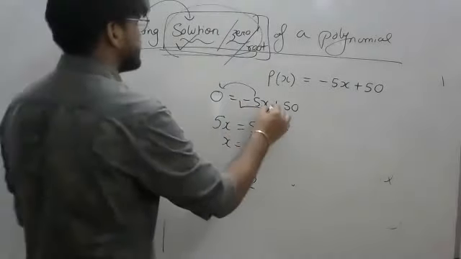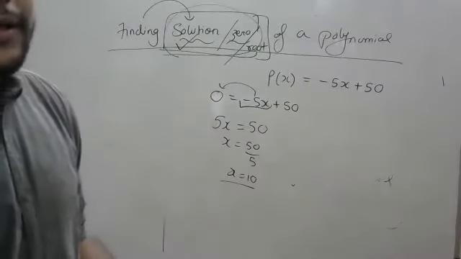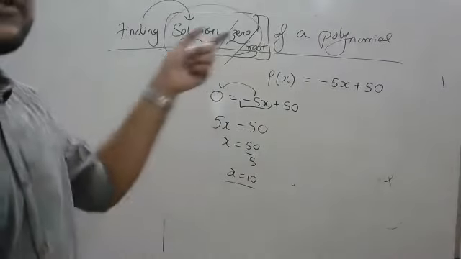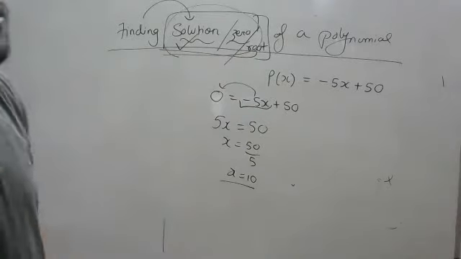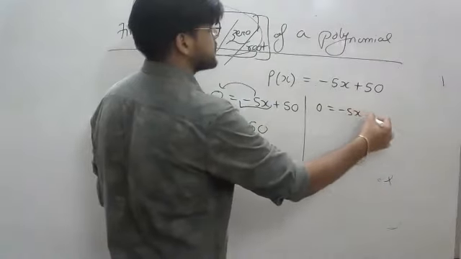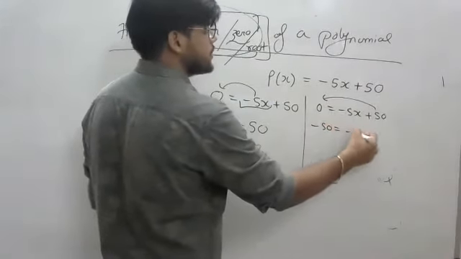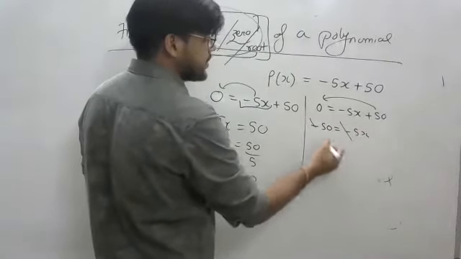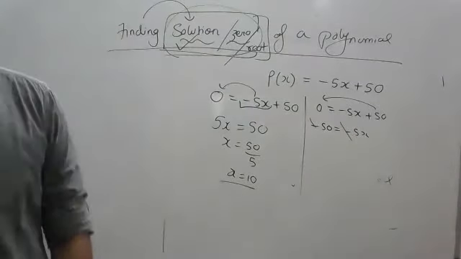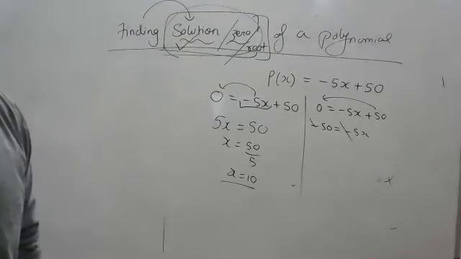Your minus 5x, when it comes to the left hand side, you have to change the sign. Even if you're taking 50 to the left hand side, then also minus would cancel out. If you have minus 5x plus 50 and you take 50 to the left hand side, it will become minus 50, and minus minus cancels out. So the overall answer will not be negative. It would be positive. Value of x is 10.